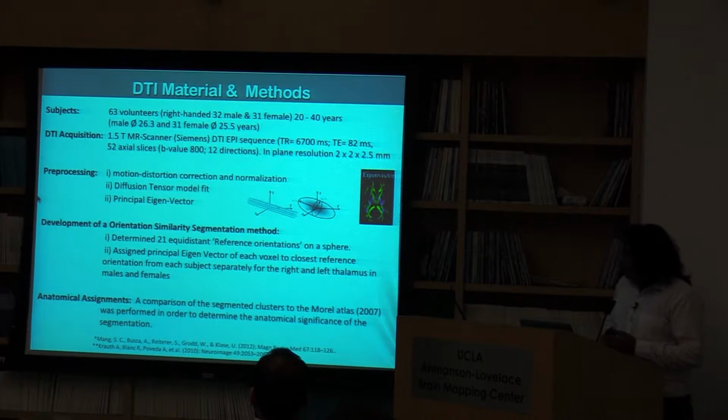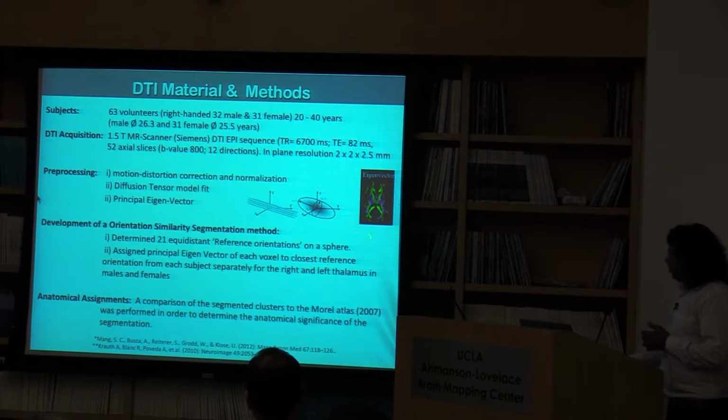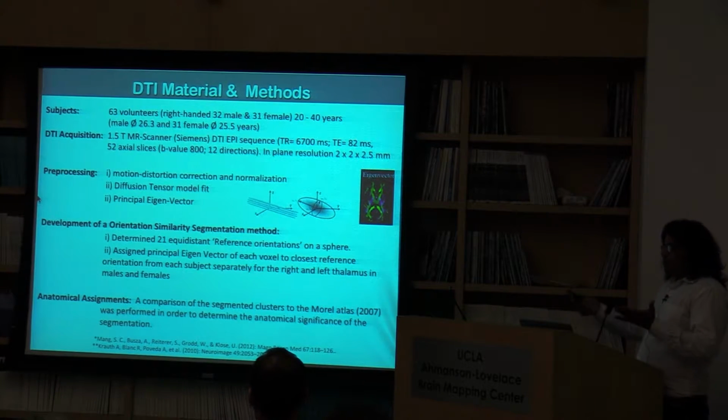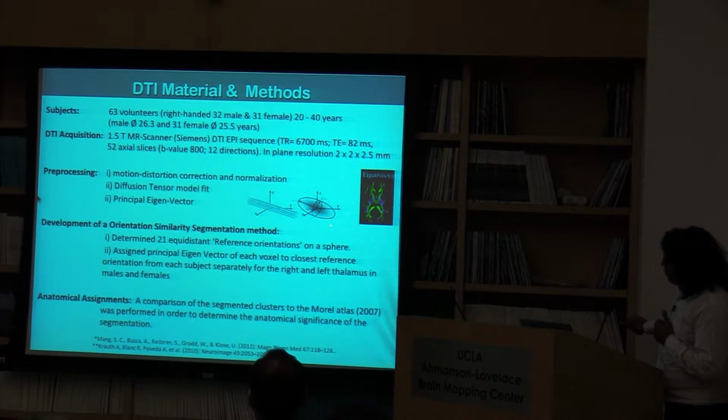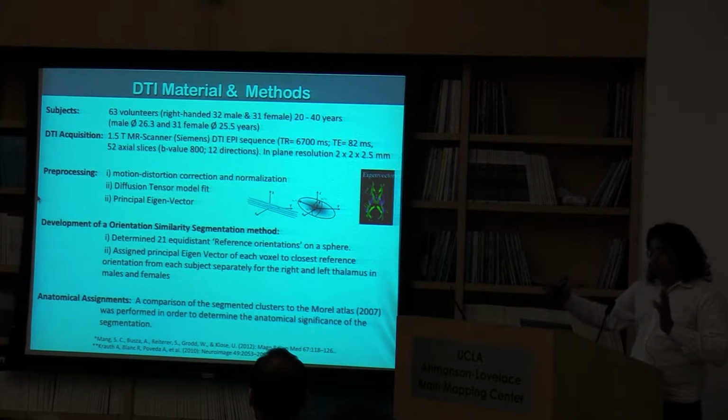In the study, we examined 63 volunteers, 32 male, 31 female, at a 1.5 Tesla MRI scanner with minimal acquisition parameters. We performed state-of-the-art preprocessing of that time, and we computed the principal eigenvector at each voxel by fitting the diffusion tensor model. We developed a new segmentation method to segment the thalamus by using the orientation of the principal eigenvectors.